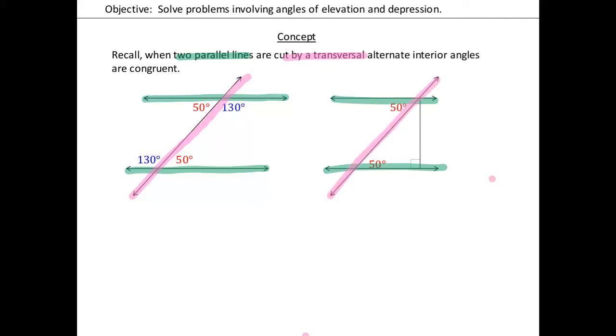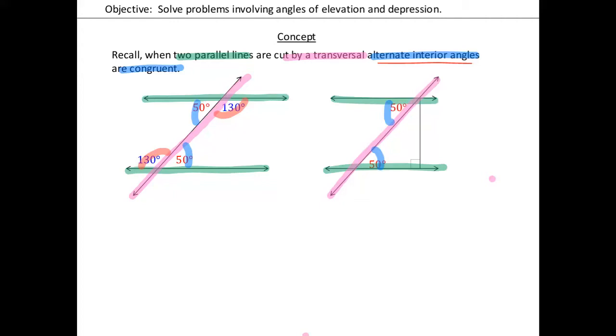It says alternate interior angles are congruent. So this 50 and this one over here are congruent angles. This 50 degrees is equal to this 50 degrees, and this 130 is equal to 130.